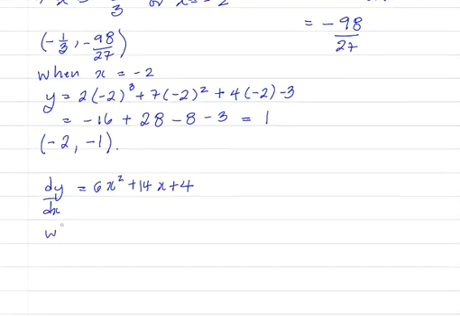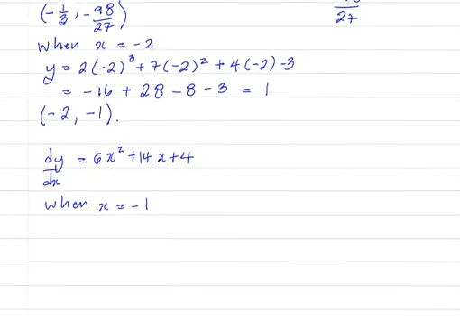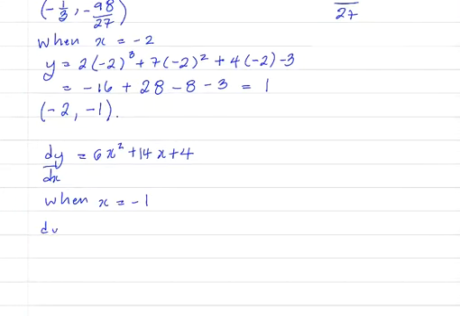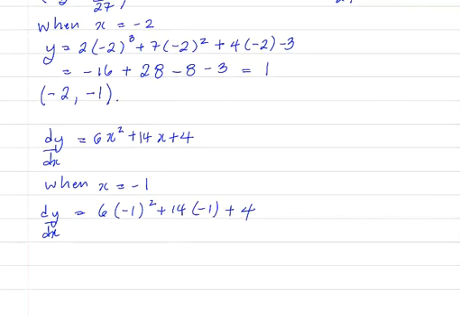When x is equal to minus 1, dy by dx is equal to 6 times minus 1 squared, plus 14 times minus 1, plus 4. So this is 6 minus 14 plus 4. This is 10 minus 14, so this is minus 4. So the gradient before the turning point is negative.